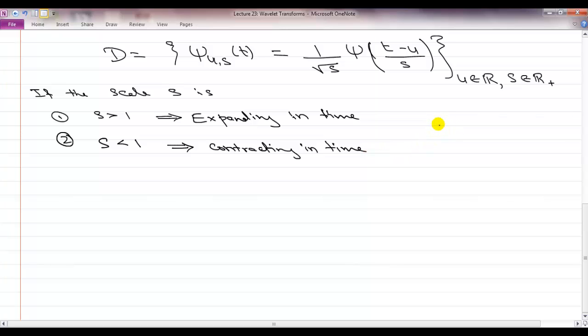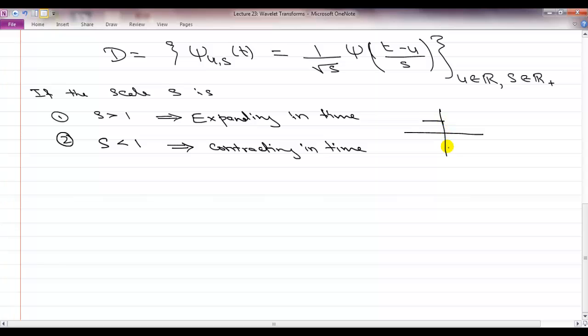So an example will be, if I look at the Haar wavelet and my s is equal to 2, then instead of going from minus 1/2 to 1/2, it will now be going from minus 1 to 1. Okay.